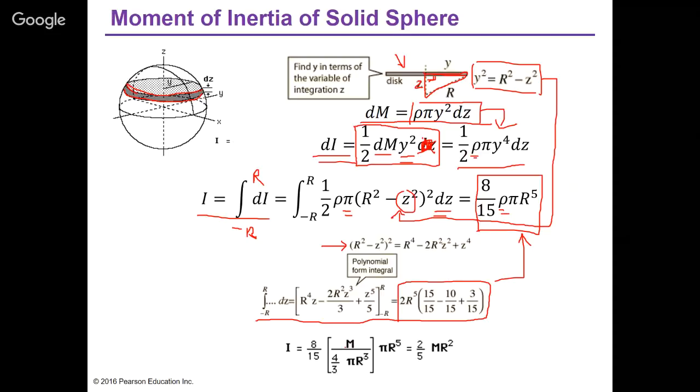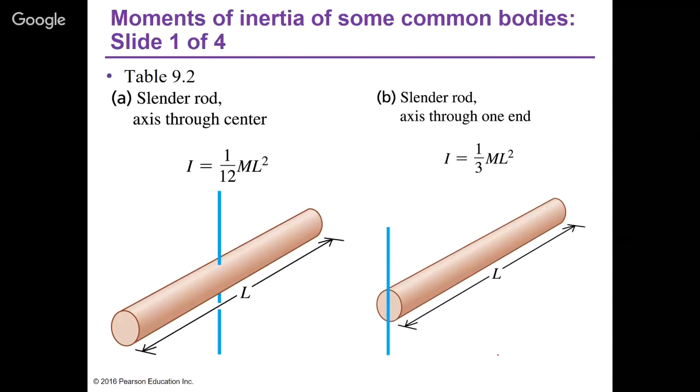The density will be the total mass of the sphere divided by the volume. The volume would be 4/3 of pi times the radius of the sphere raised to the third power. That would then give you 2/5 of m r squared. Okay, that's how the moment of inertia of a solid sphere is derived.